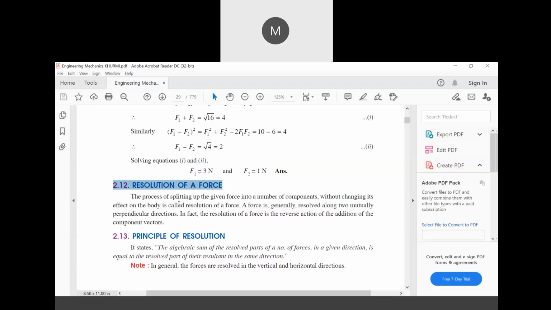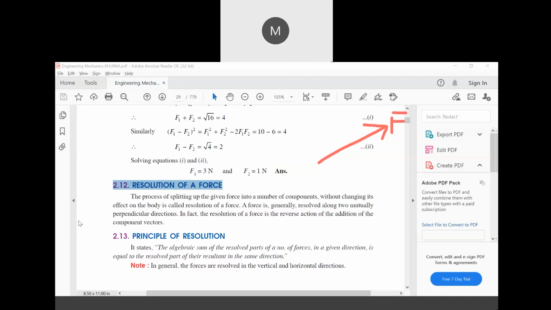That means this is the inverse of resultant. We'll be explaining in a simple manner. Suppose this is the force F. Now we have to resolve it.